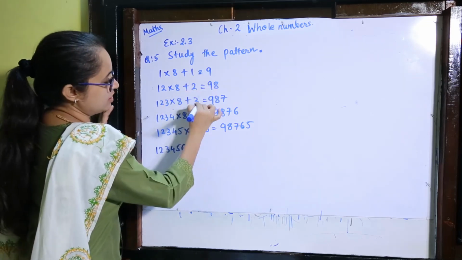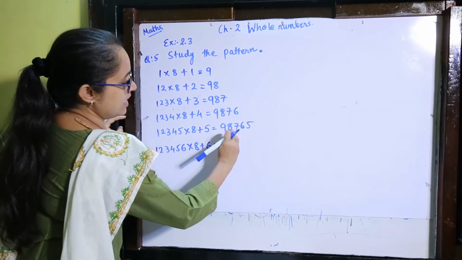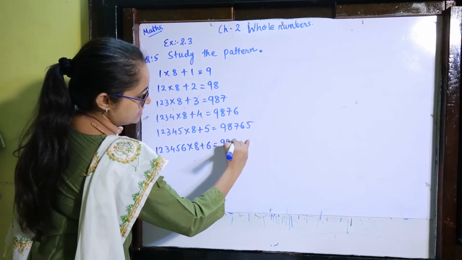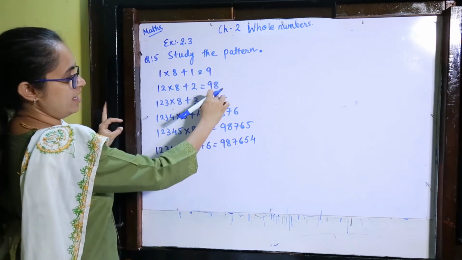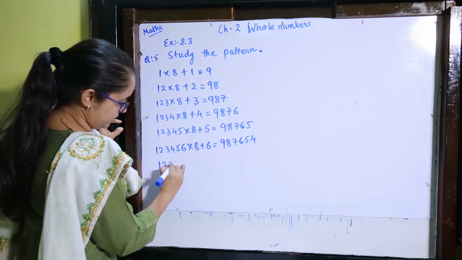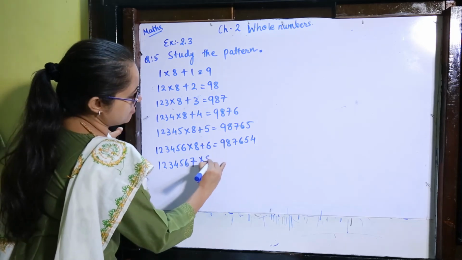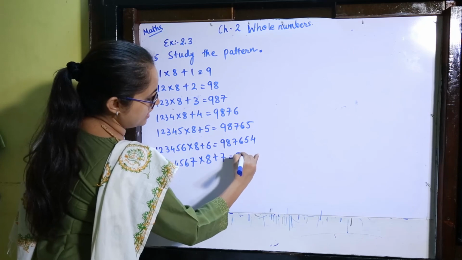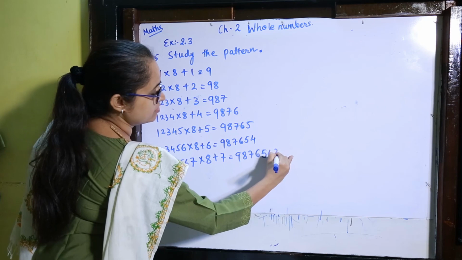Now here 1 2 3 4 5 and now you have to just write 6. Now here 9 8 7 6 5. What is left? So 9 8 7 6 5, add just 4. You can see it goes in reverse, in descending form, right. And the last one, 1 2 3 4 5 6 7 multiply by 8 plus 7 is equal to 9 8 7 6 5 4 3.